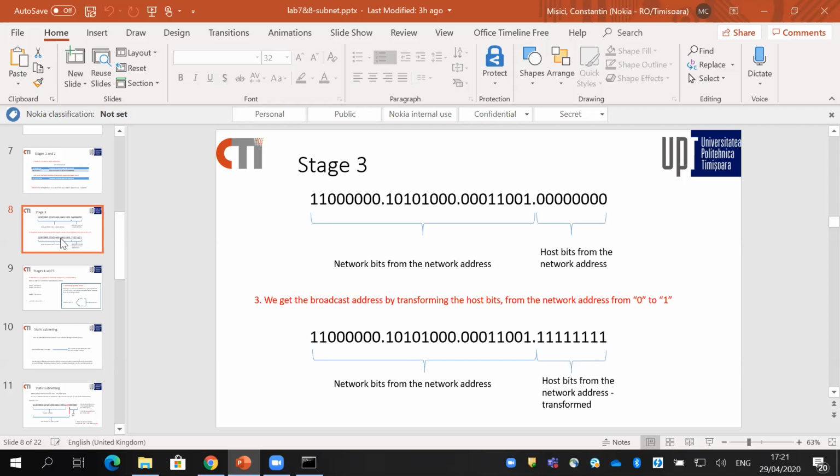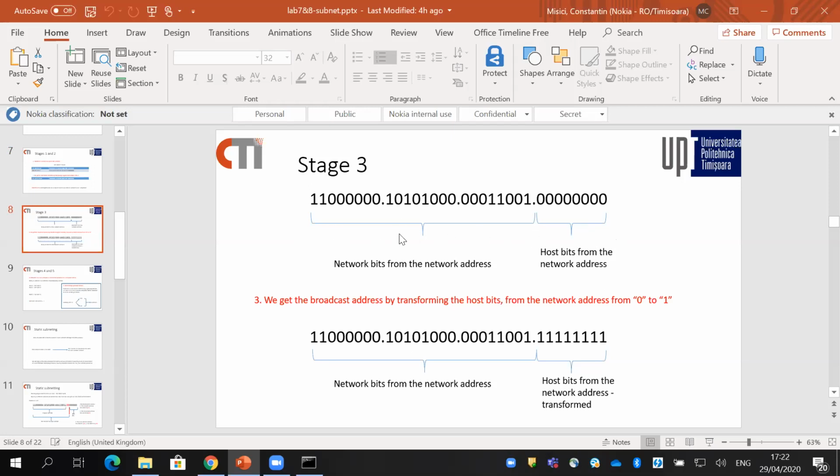In order to do that, we look at the binary transformation of the network address we have computed above, and we see that the information is split between 2 parts. Now we have network bits and we have host bits.